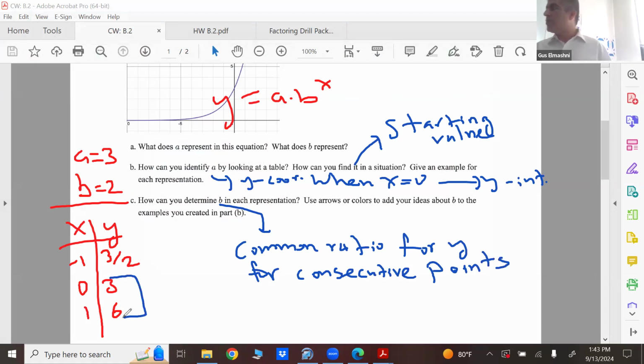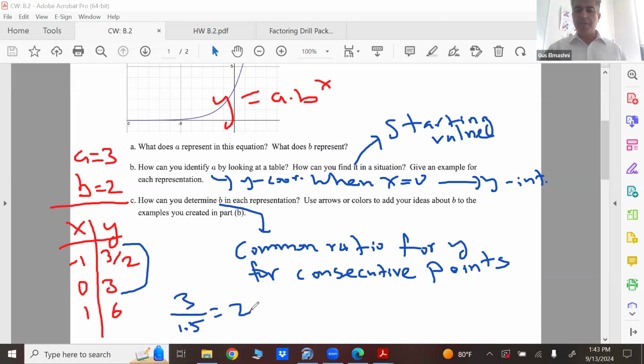What's the ratio between 6 and 3? 2 to 1, exactly. So that's how you can find what B is. Just look at the ratio, because you're multiplying by it over and over again. What's the ratio between these two? It's still 2 to 1. If you divide 3 by 1.5, you still get 2. So that would be the B value.